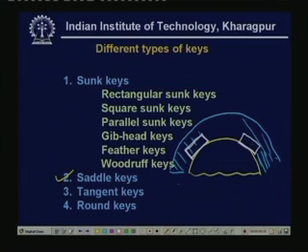So this contact is maintained. Now, this is again a square cross section. The contact is maintained due to the friction force. Therefore, it is expected that it will not be able to take a large torque. So the strength of this key is considerably less, and it is used for light load applications.